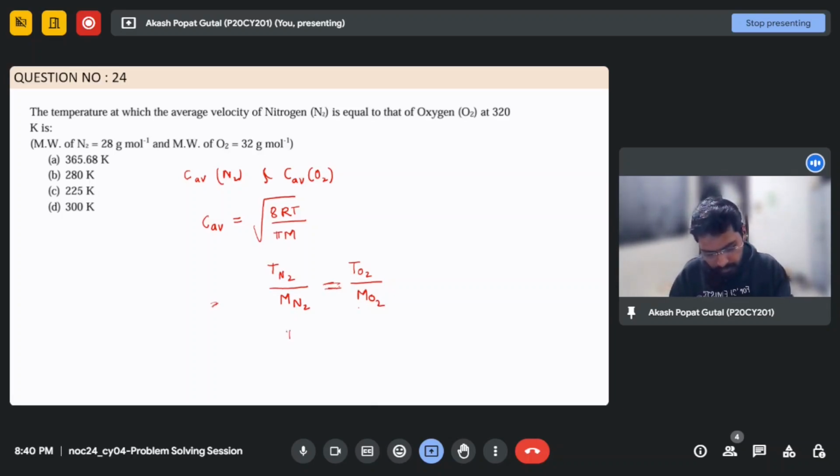So we need to calculate the temperature required for N2 gas. We have 320 Kelvin divided by 32 for O2, and this is for 28. So its answer is 280.